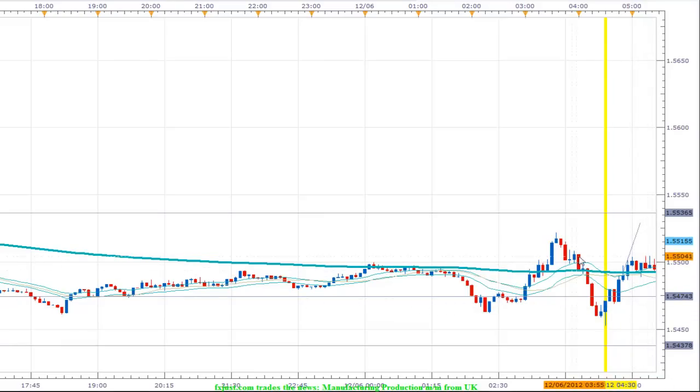The market is stalling at the 61.8 level of this downward move.